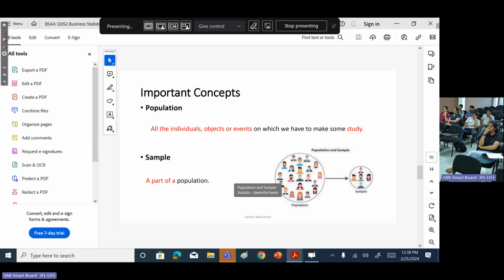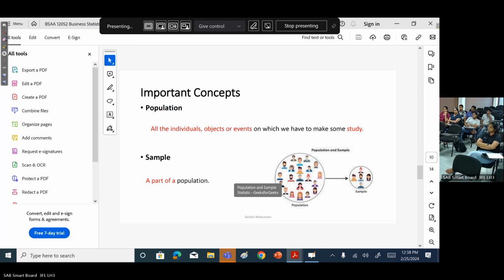The first one is population. Now you know population. What is the meaning of population? All the individuals, objects, or events on which we have to make some study. If you want to do a study, all the individuals which we have to study, we call that what?